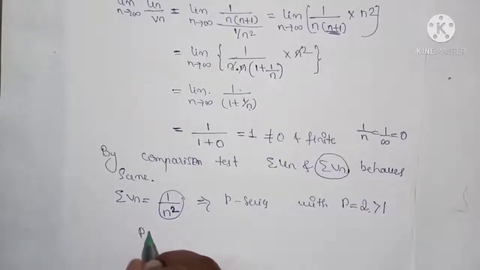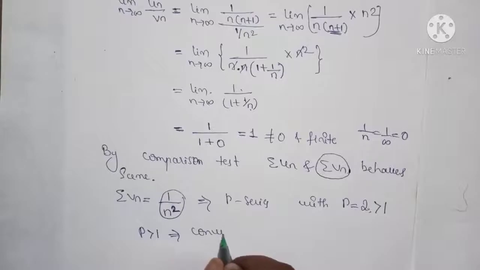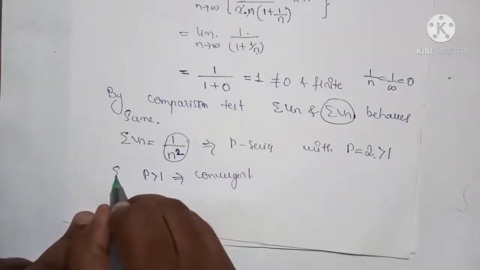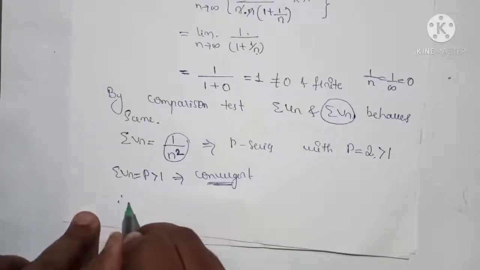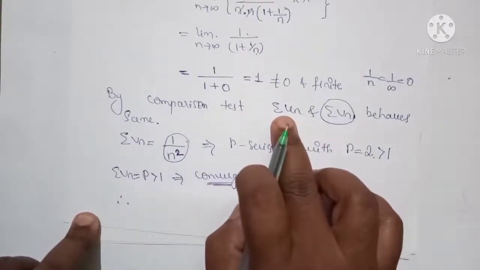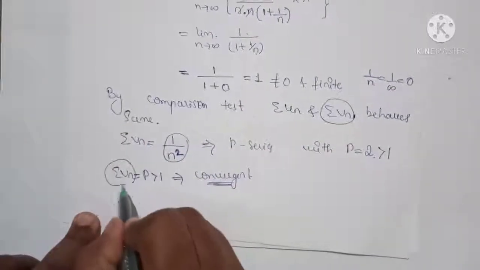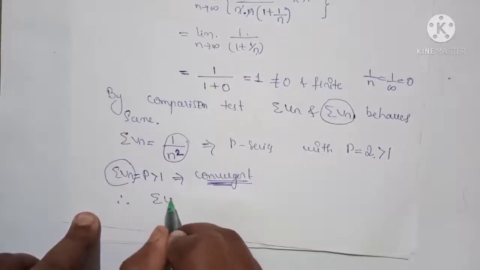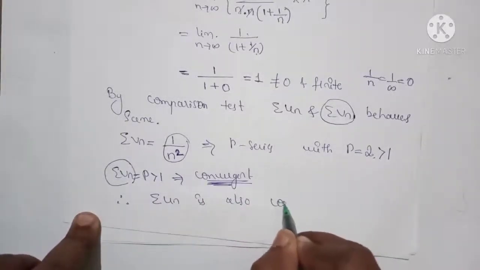When p is greater than 1, the series is convergent. Therefore summation Vn is convergent. By this comparison test, summation Un and summation Vn behave the same. So since summation Vn is convergent, summation Un is also convergent.